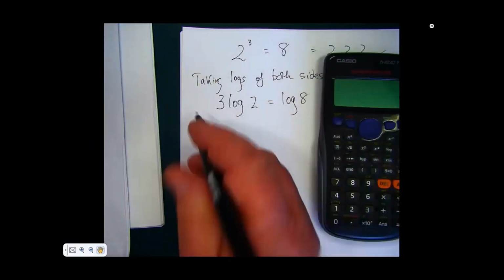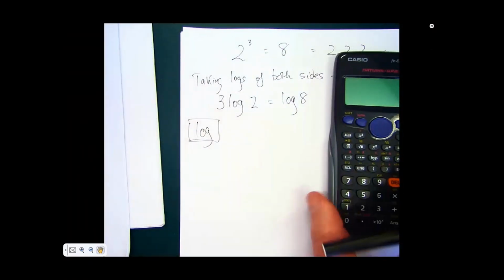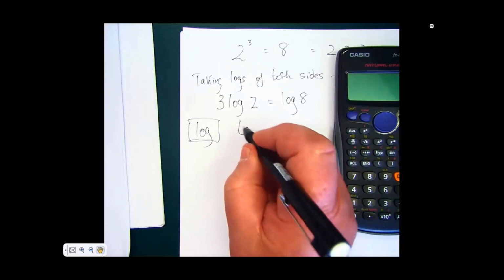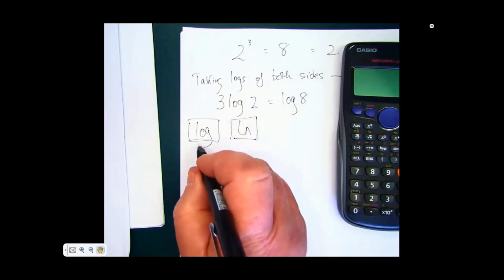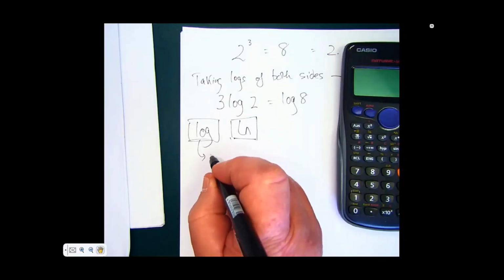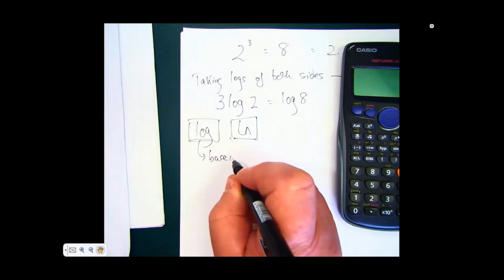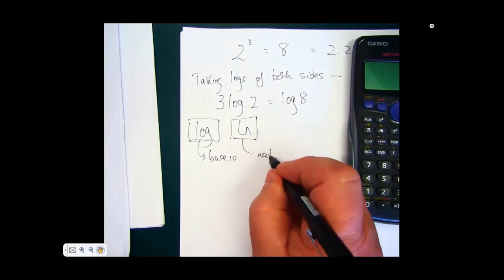Now I've got one button which is the typical log button, but the next button to it is LN. Okay, now this log button is base 10. In other words, the reference number is base 10. But this one is the natural log, base e.